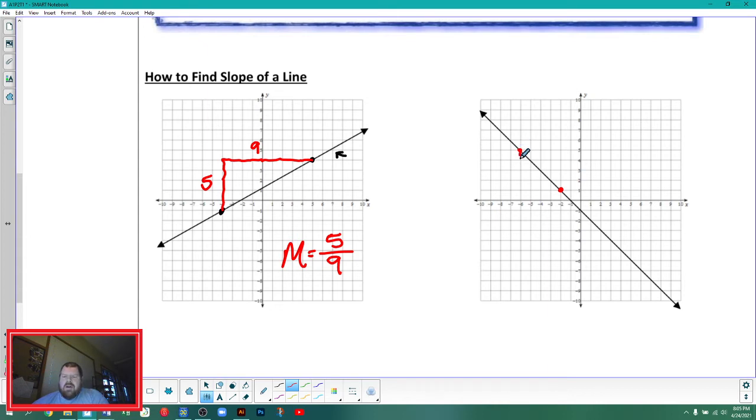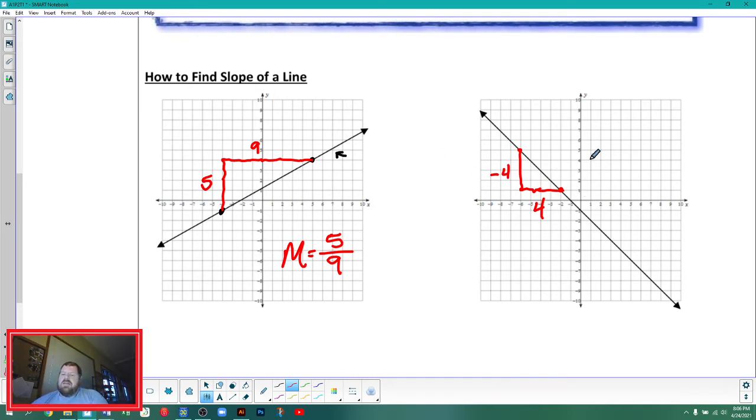I need to go down 1, 2, 3, 4 floors to get on their level. And then from their level, I'm going over 1, 2, 3, 4 doors. So I'm going down 4 floors, and it's the 4th door on the right is always what I think about.